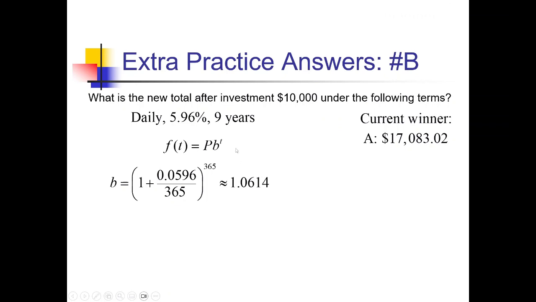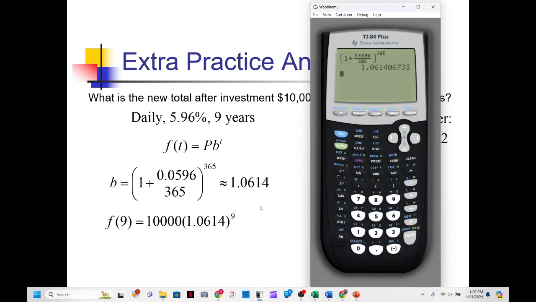So now plugging all this into P B to the T, I've got f of 9 equaling 10,000, the principal, times this b value, 1.0614, raised to the t, which is 9 in this case. Now when I do this back on my calculator, I'm doing 10,000, my parentheses, and instead of writing 1.0614 like I've written here, I'm actually going to use this longer decimal value up here.